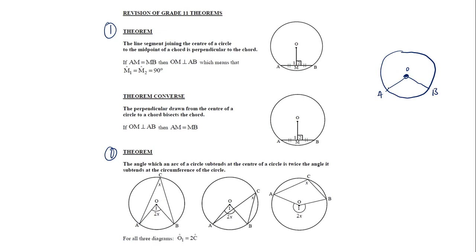And then we're going to have AC, A to C. Here we have C. And then we're going to have CB again. These are the chords. Look at them. They are the chords, right? We have chord CB. Now, this theorem, which is theorem number two, says that angle at center, where's the angle at center?